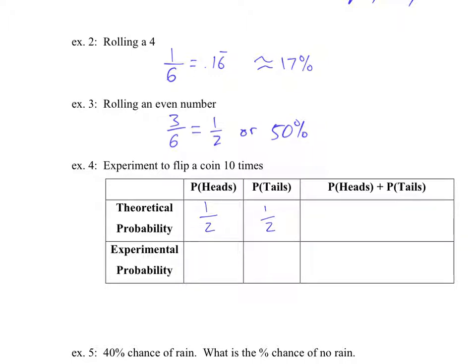So if you take those two probabilities and add them together, you have 1/2 for heads plus 1/2 for tails, you get 1. And if you took the number 1 and converted it to a percent, it would be what percent? 1. Yeah. So really we're just kind of saying over here, I'm going to squeeze it in there, it's 100% chance. You have a 100% chance of flipping a coin and either getting heads or tails.